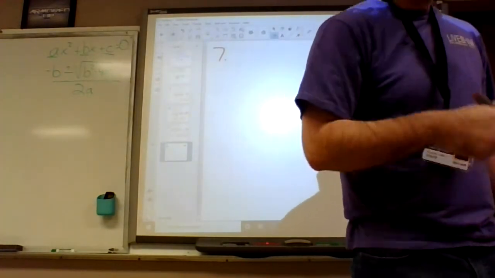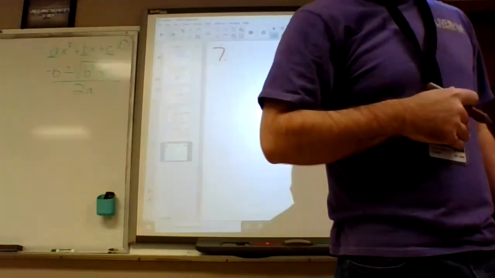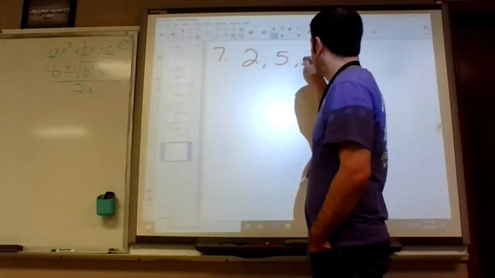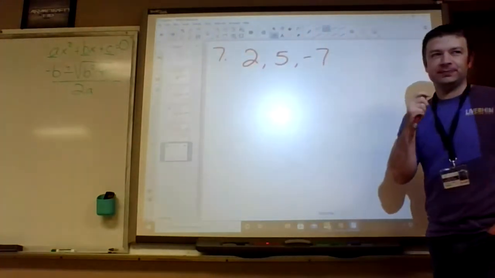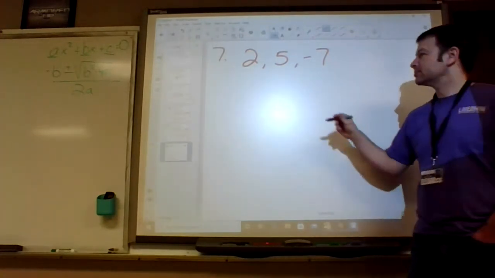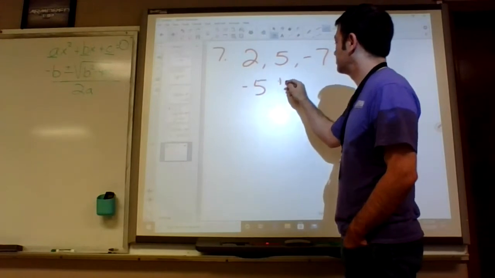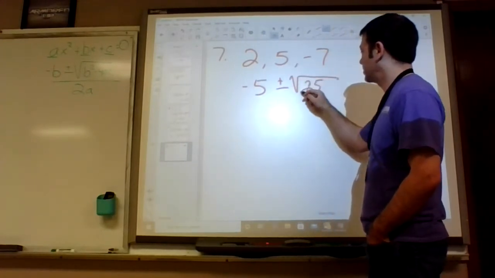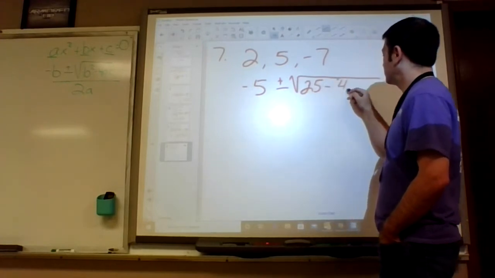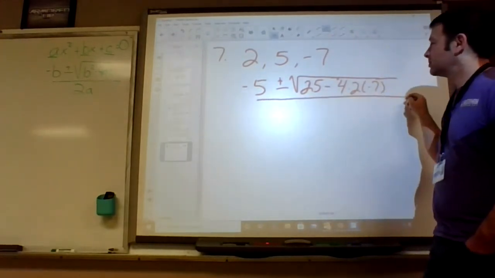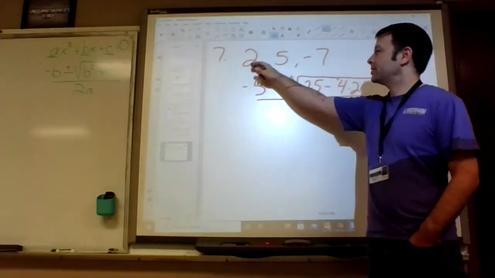Okay, so on number 7, we got 2, 5, and negative 7. Aiden, you want to try this one? Okay, -5 plus or minus the square root of 25 minus 4 times 2 times -7, over 4. 2 times 2 is 4.